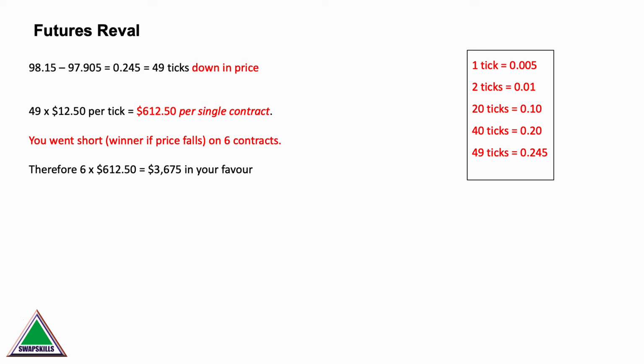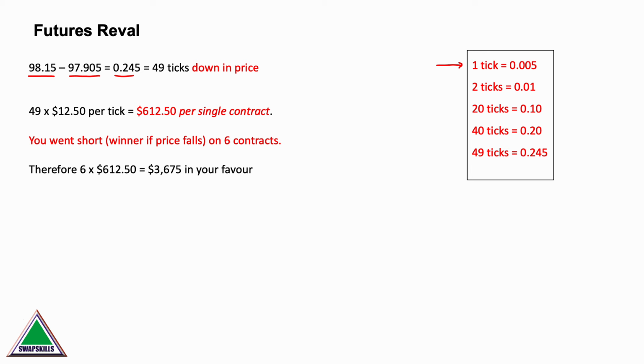Look at the difference between the close of business yesterday and the close of business today, which is 0.245. So 98.15 minus 97.905 is 0.245. That's 49 ticks. The easy way to do it is just look at the difference and multiply it by 2 to get the number of ticks. Now if you remember over here on the right, 1 tick move up or down is worth 0.005, which is worth $12.50.